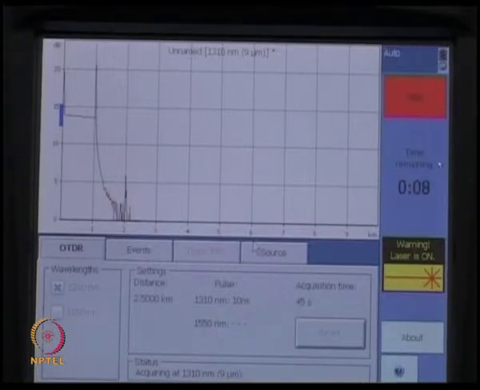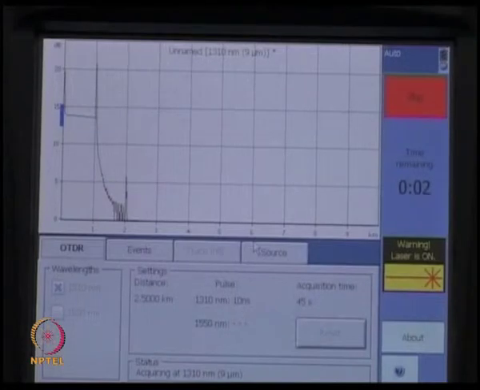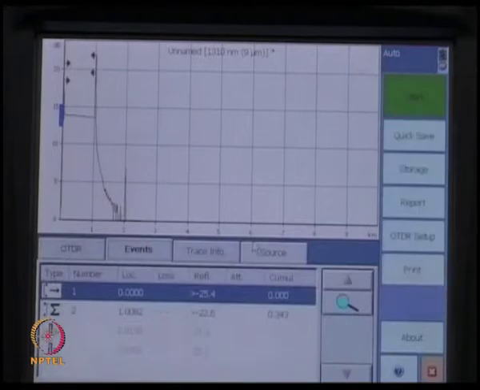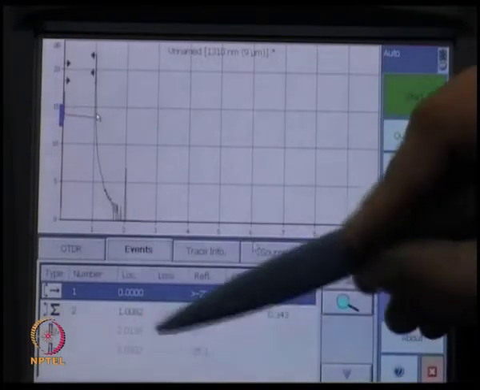You see the time remaining here. Okay, the data has been acquired and now it is displayed on the screen.